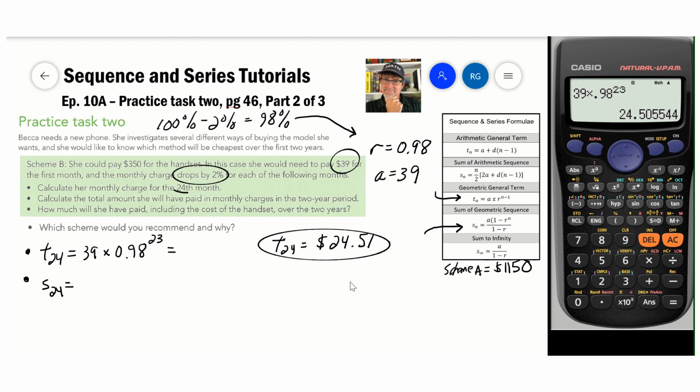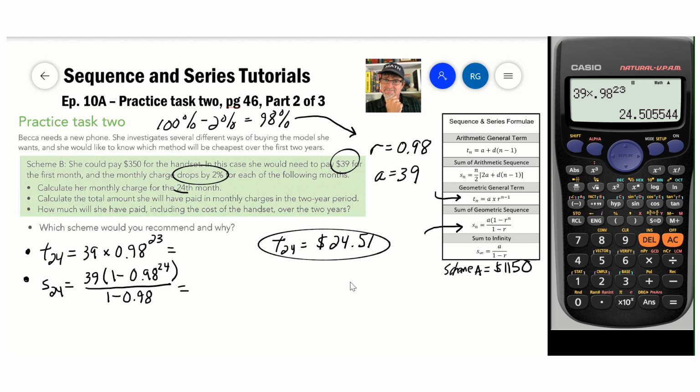So that starts out with the A in the numerator right here. And then we've got 1 minus R, that's 0.98, and that is raised to the power of N, so that's to the 24th power. And that's all over 1 minus R, 1 minus 0.98.